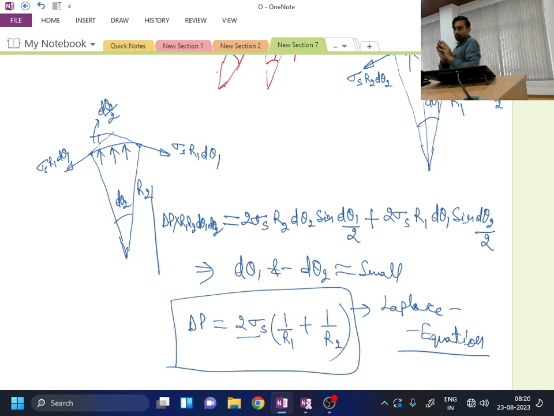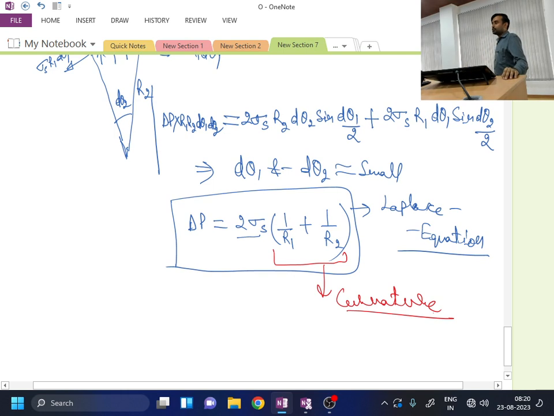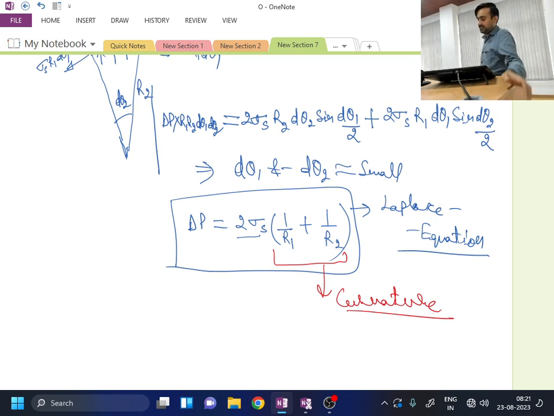Okay, so the sum 1 by r1 plus 1 by r2 is nothing but the curvature of the free surface. So if we multiply surface tension with the curvature of the free surface, we get the pressure difference. This is the very famous equation called the Laplace equation.